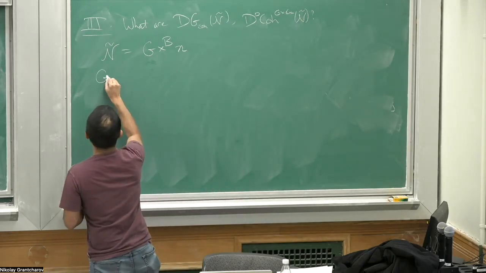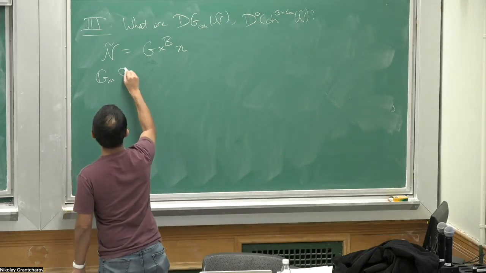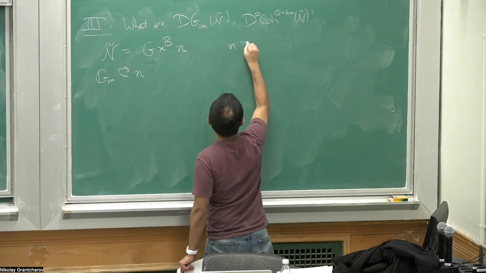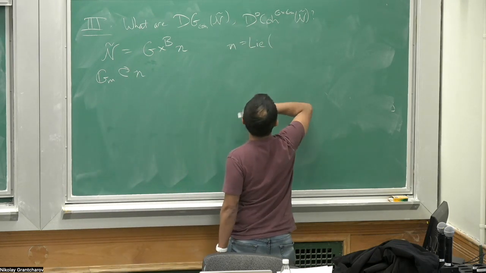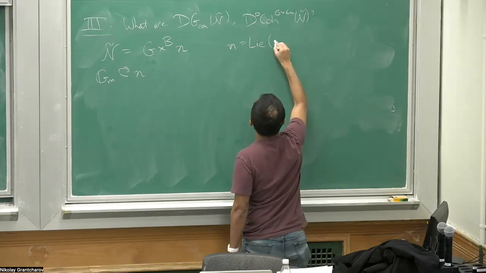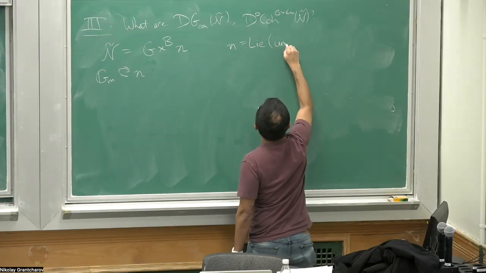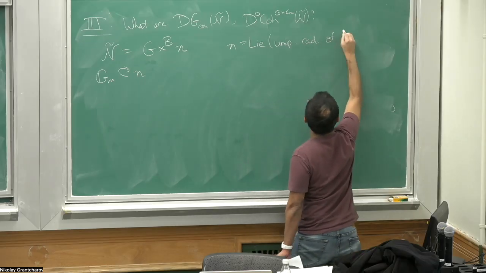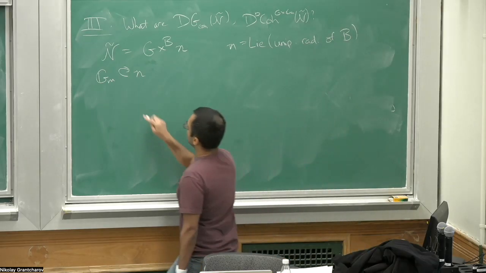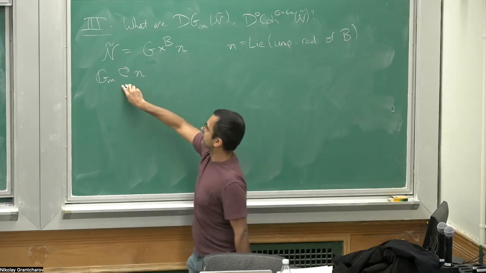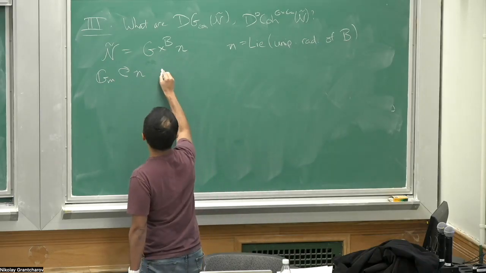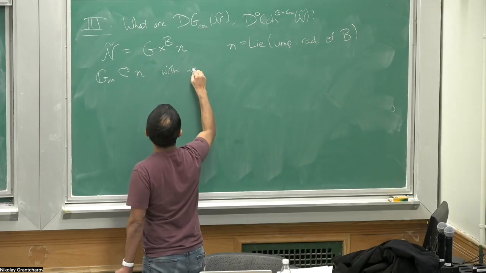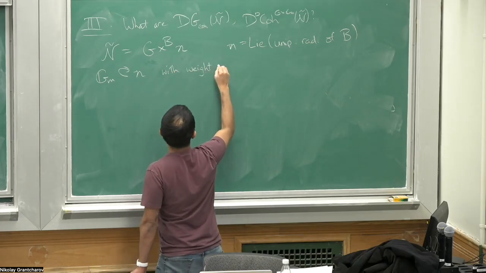And then I want to make the multiplicative group act on the vector space. This N is the Lie algebra of the unipotent radical. It's a vector space, and I want to make G_m, the multiplicative group, act on it with weight minus 2.